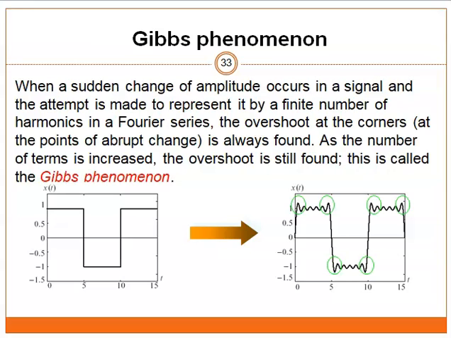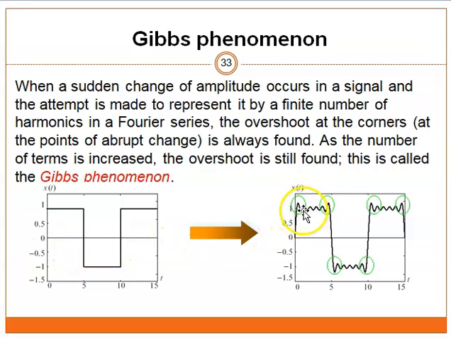Now, what is the Gibbs phenomenon? When a sudden change of amplitude occurs in a signal, and an attempt is made to represent it by a finite number of harmonics in a Fourier series, the overshoot here is what we call the Gibbs phenomenon. So here you have the signal.